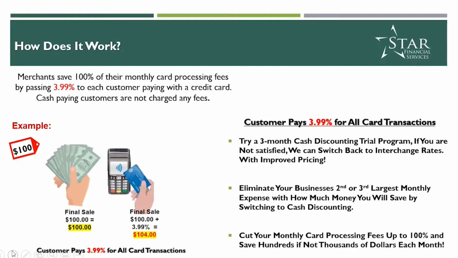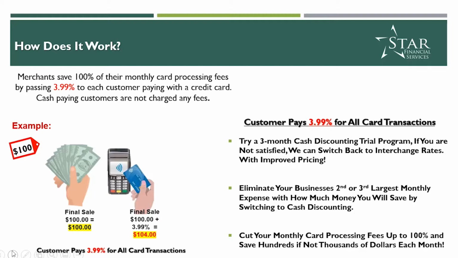So on that customer's credit card bill, they will see a $104 charge for that transaction because that is actually 3.99% on a $100 transaction, making it about $104. So again, this is where the customer is paying the fee.